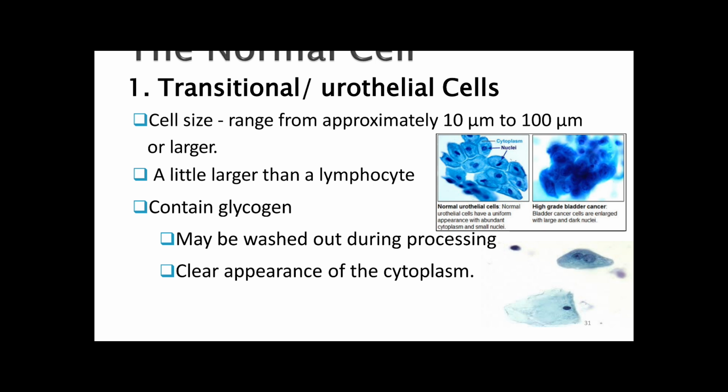So when we consider high grade bladder cancers, here you can see larger nuclei, so the morphological changes we can observe very clearly. The NC ratio, nucleus to cytoplasmic ratio, is higher in high grade bladder cancers because these are immature cells, active cells that can divide and undergo mitosis.